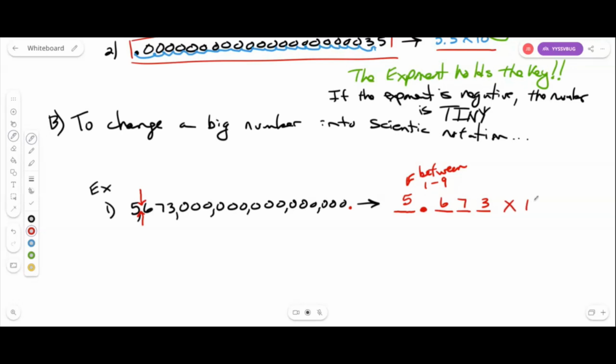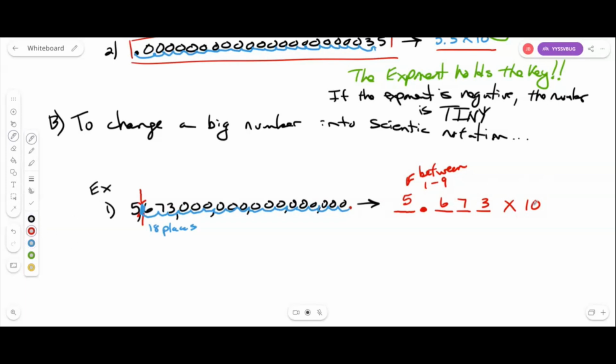Next, we're going to multiply this by 10 to a power, and the way we determine the power is we count how many places we have to move that decimal point to get to right here. So I have to move 1, 2, 3, 4, 5, 6, 7, 8, 9, 10, 11, 12, 13, 14, 15, 16, 17, 18 places to end up right there. 18 places.